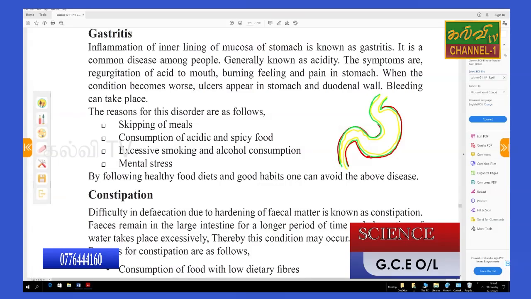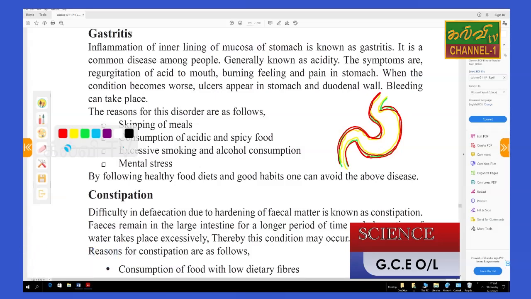When you compare with other parts of the digestive system, the stomach muscles are much thicker than others. The reason is that very dangerous, concentrated hydrochloric acid is produced here. Therefore, the HCl, hydrochloric acid, is secreted here.